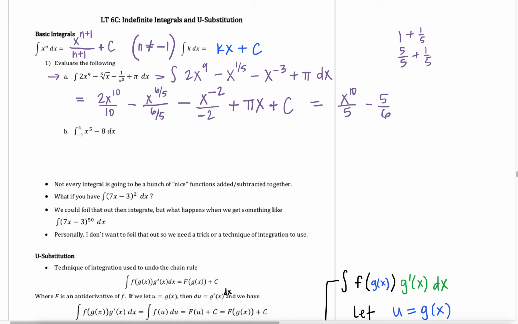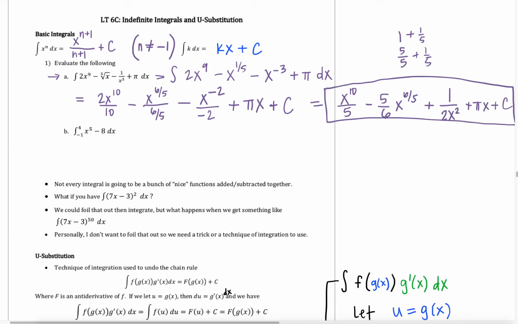So we could rewrite this as 5 over 6 times x to the 6/5. And then for our negative exponent, we can flip that down into the denominator and be x to the +2. I can also multiply those two negatives to get a positive, and I still have that 1/2 plus our pi x plus c. And that would be our final antiderivative for example A.